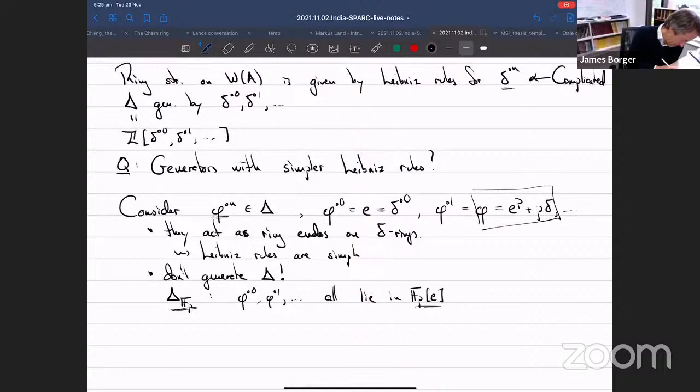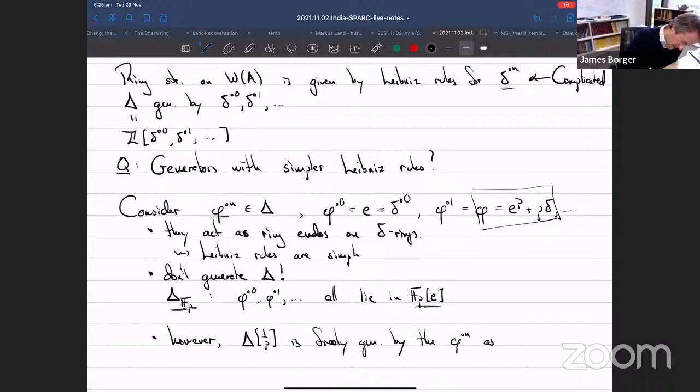However, they do freely generate delta if you invert p. That is, delta adjoin 1 over p is freely generated by phi composed with itself n times, as Z adjoin 1 over p polynomial algebra.